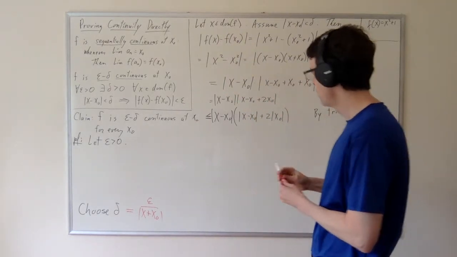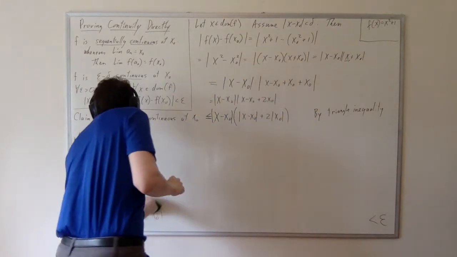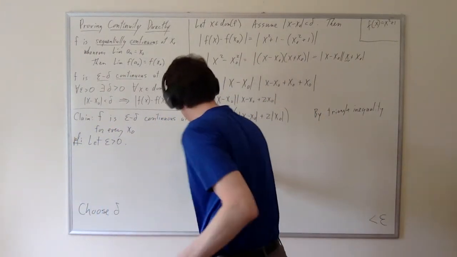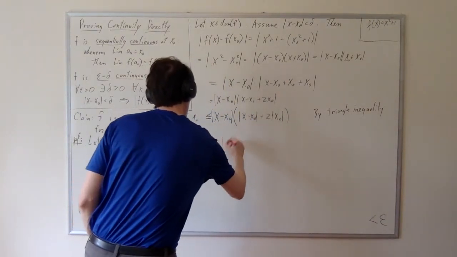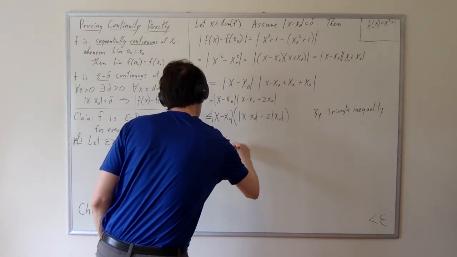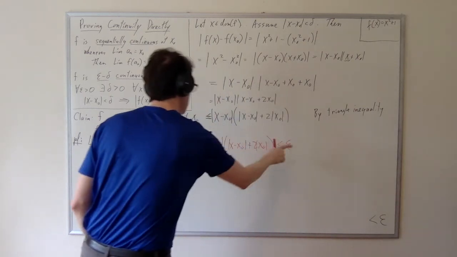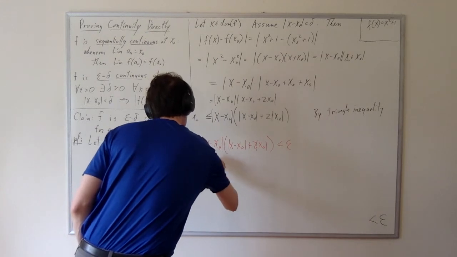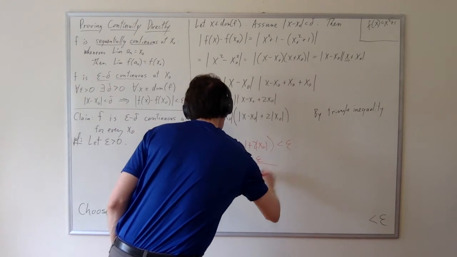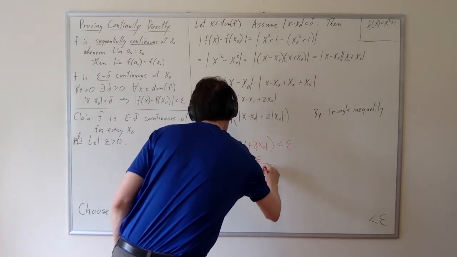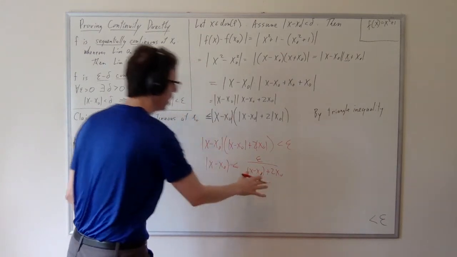I can divide. So I'm switching to red here. You might think we will just begin our scratch work and say |x minus x naught| times that monstrosity is supposed to be less than epsilon, so I'll divide, well, let's see, less than epsilon over |x minus x naught| plus 2|x naught|, dividing both sides by this ugly thing.